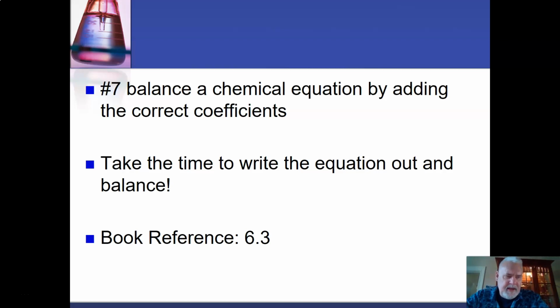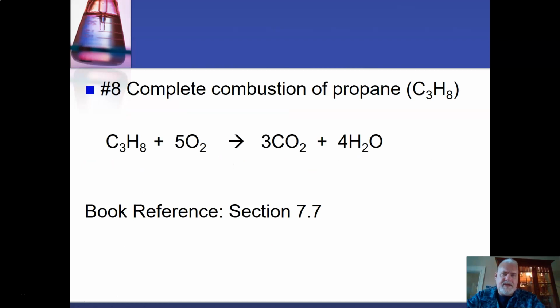You're going to have plenty of time to take the test during the hour. 16 multiple choice questions are pretty reasonable, but they are tough problems, and they do take some thinking. Something like this one, write it out and don't make silly mistakes. So the book reference for balancing chemical equations is 6.3 if you think you need to refresh that concept.